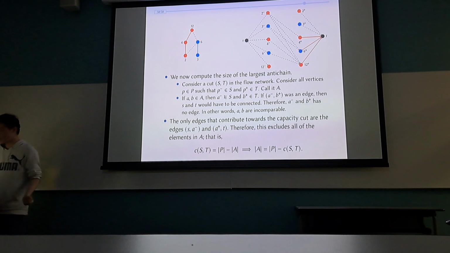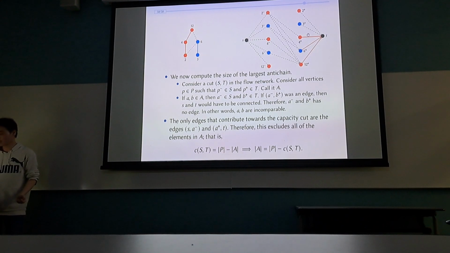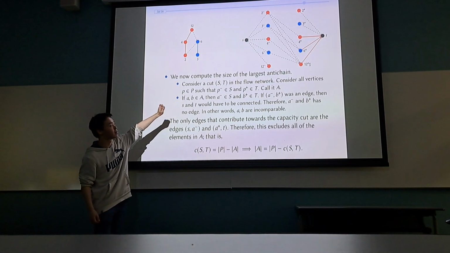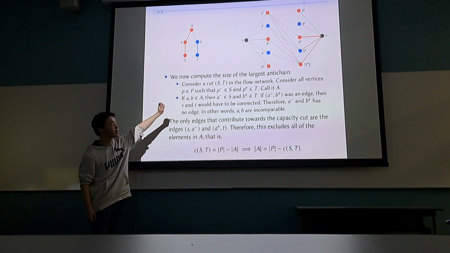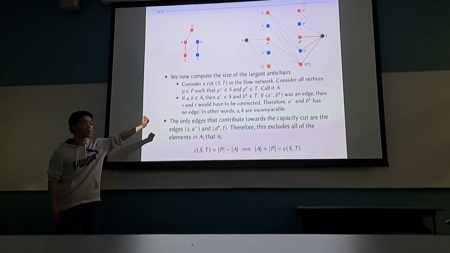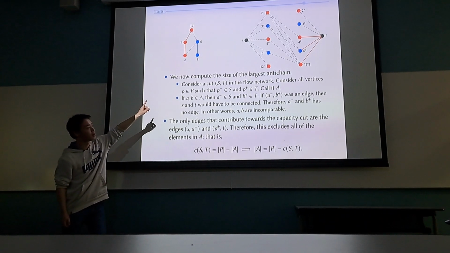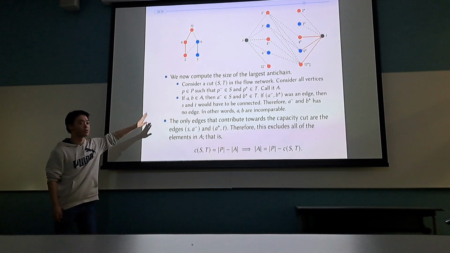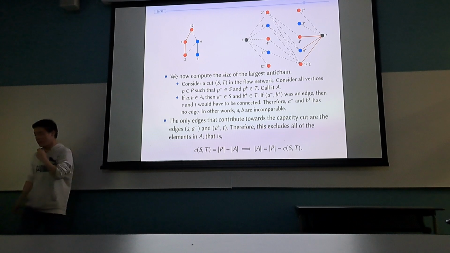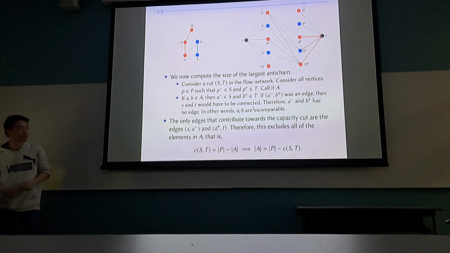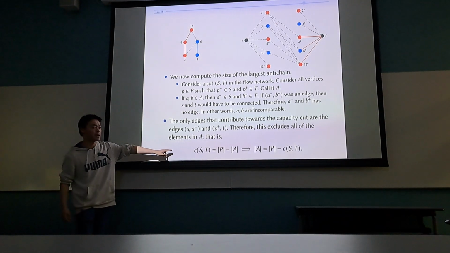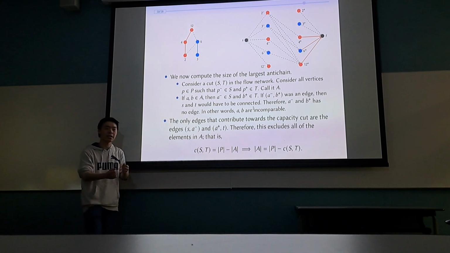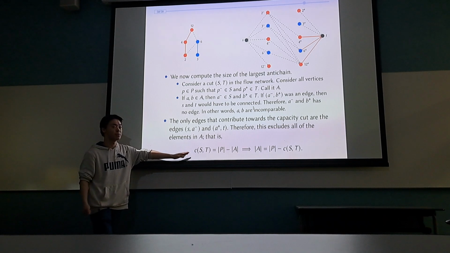So if I look at this cut here, the edges along A can't actually be part of my actual minimum cut. So the cut happens to be P minus A. So we exclude all of the points that are inside A because those will never contribute towards my actual minimum cut.